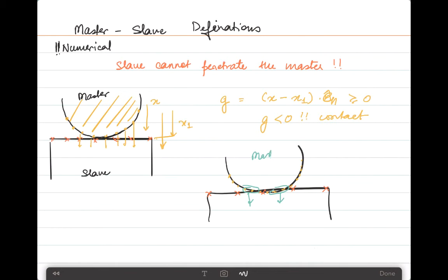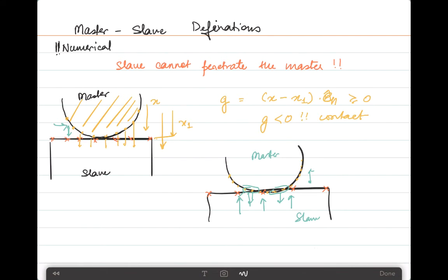So this is master, this is slave, because there are not enough nodes to supply a reaction load to create the contact. When there is a fine mesh, or an equally fine mesh on both of them, it doesn't make much of a difference. But if you have such opposing meshes, then there is a problem.